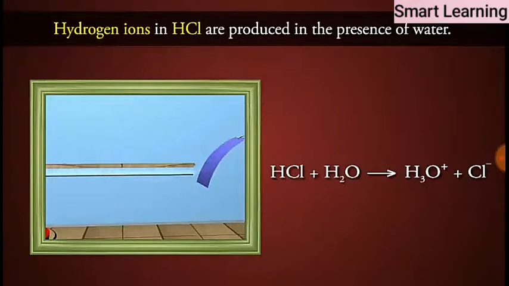It is very important to understand that hydrogen ions cannot exist alone, but they exist after combining with water molecules. Thus, hydrogen ions must always be shown as H+ ions or hydronium ion H3O+.